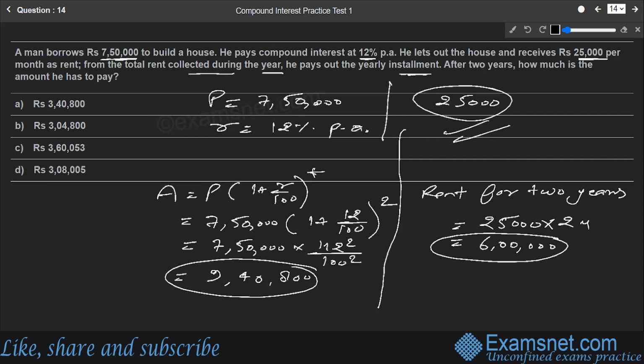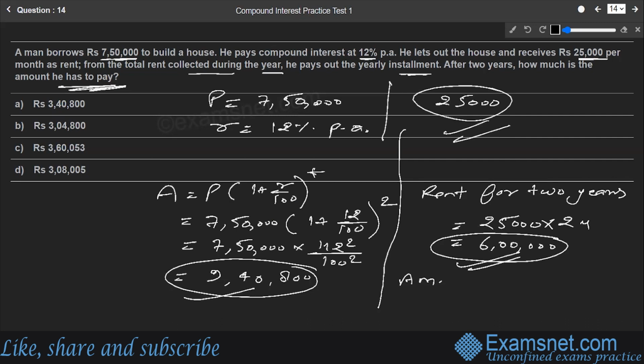So now what they ask is, he pays out the real installment after 2 years, how much is the amount he has to pay? After 2 years, in actual he was to pay 9,40,800 rupees, and in these 2 years he has gained 6 lakh rupees. So how much is to be paid by him?